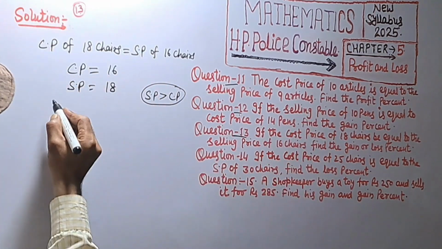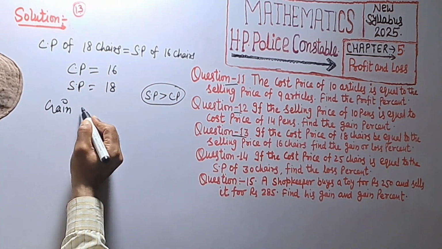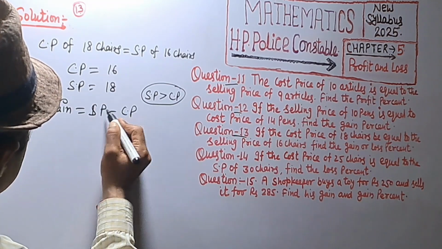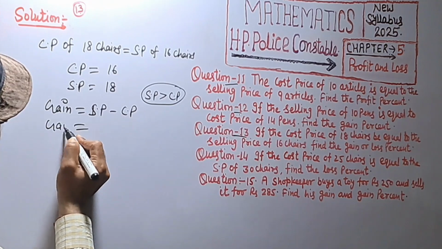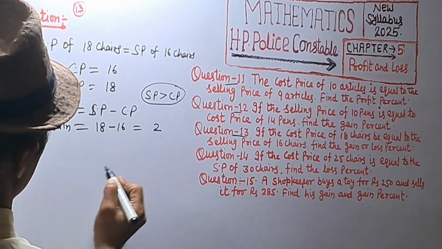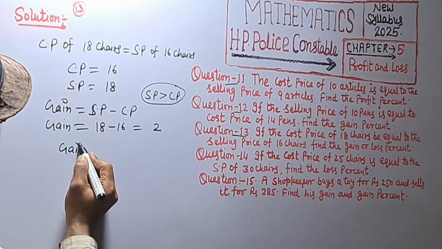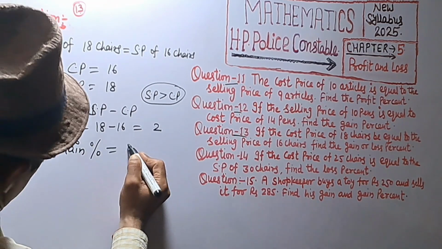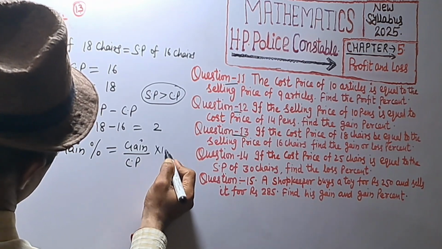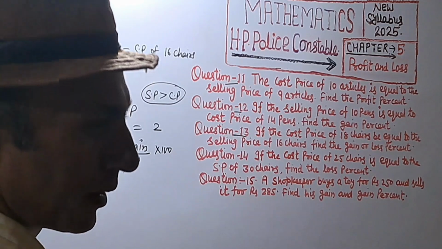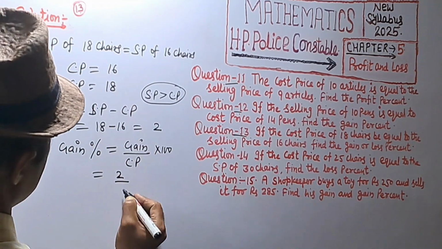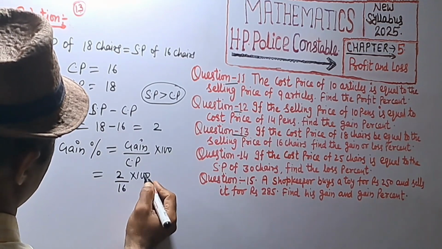Find gain or loss percent. Gain equal to selling price minus cost price. That is 18 minus 16 equal to 2. Gain percent equal to gain upon CP multiplied by 100. 2 upon cost price is 16 multiplied by 100.